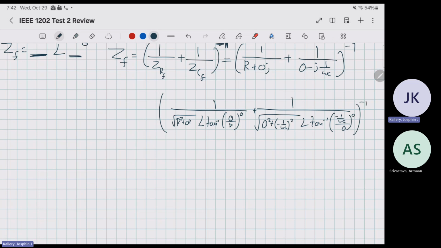Okay, so let's start evaluating this. This will just be 1 over R, angle inverse tan of 0 is 0. And then we end up with 1 over omega C, arctan. Now this gets a little weird, so let me just draw the graph of arctan. The top limit is pi over 2, the bottom limit is negative pi over 2. So what we have here is a negative number over 0.